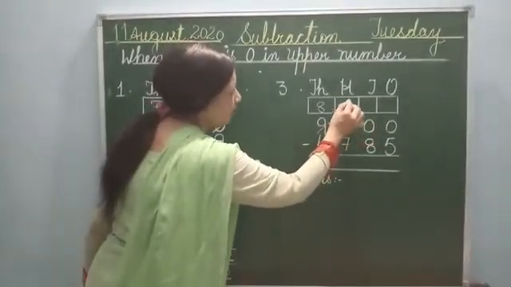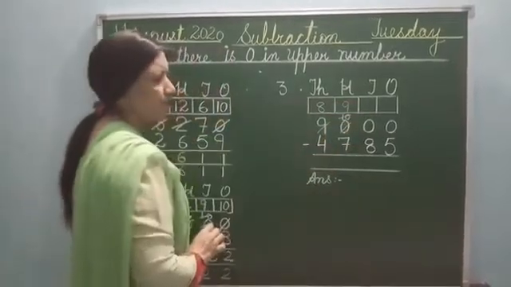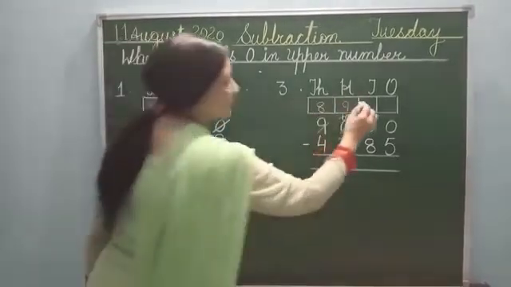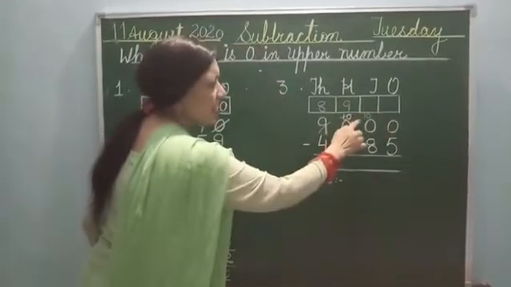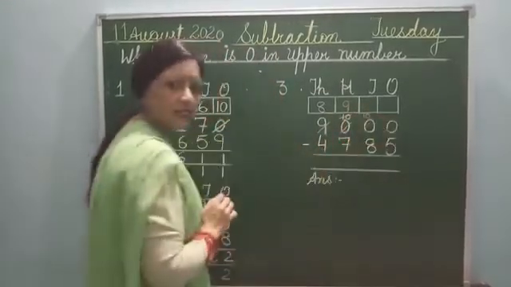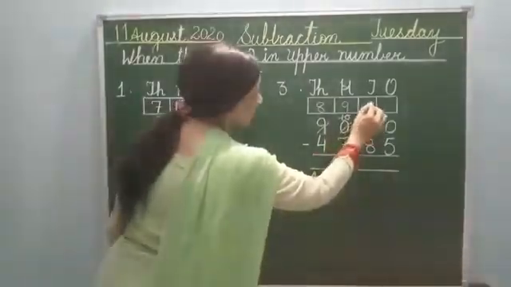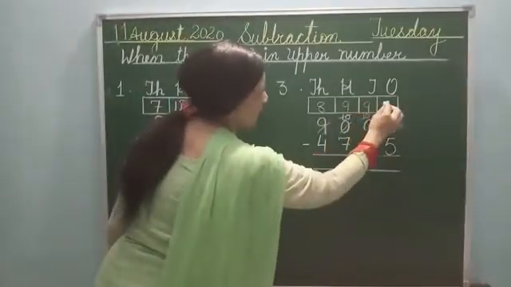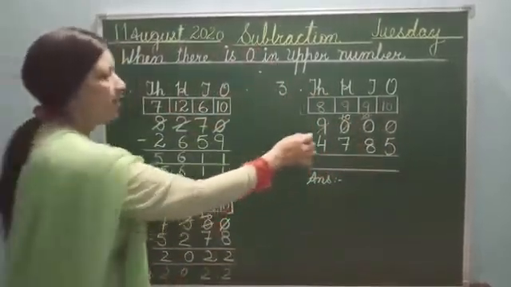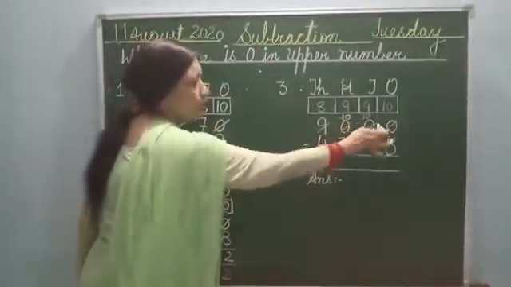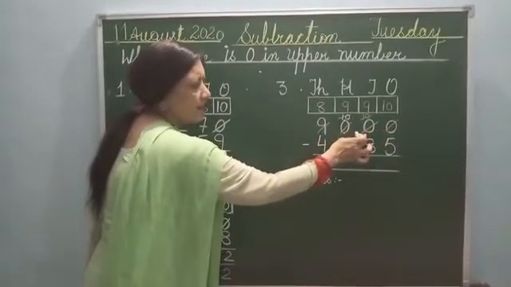Now this 10 will give 1 to this 0. It will become 9. This will become 10. Now this 10 will give 1 to first 0. It will become 9 and it will become 10. Clear beta? First 0 will borrow from second.